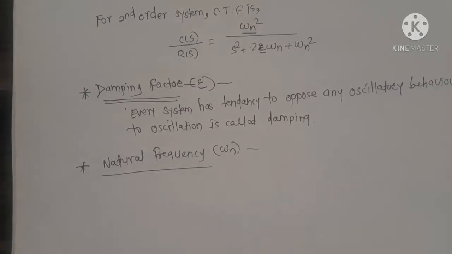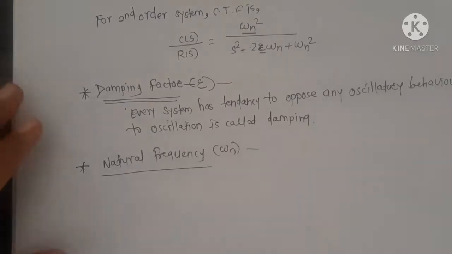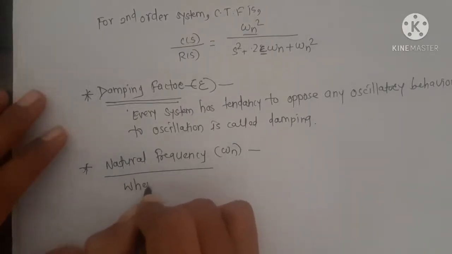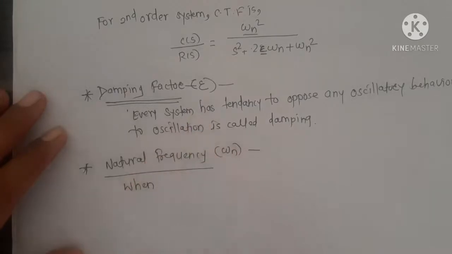As there is no opposition, it oscillates with maximum frequency, and that maximum frequency is called as the natural frequency of oscillation.